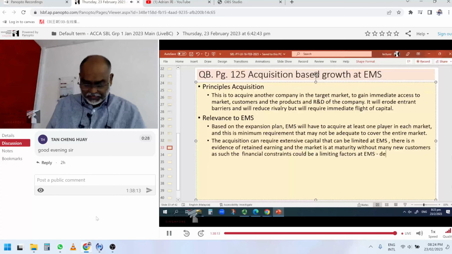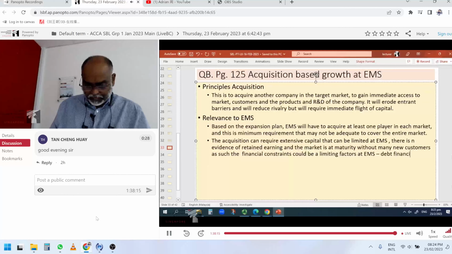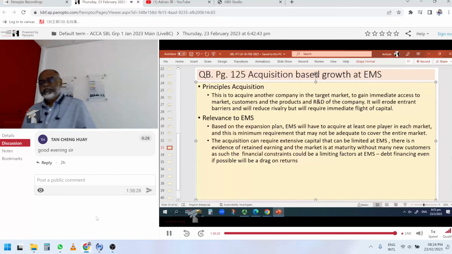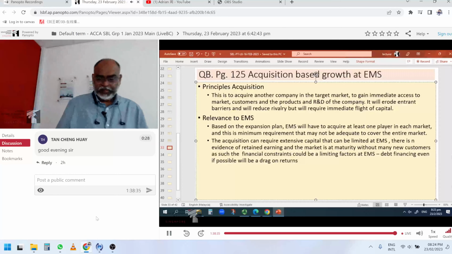Debt financing, even if possible, will be a drag on returns. Okay.